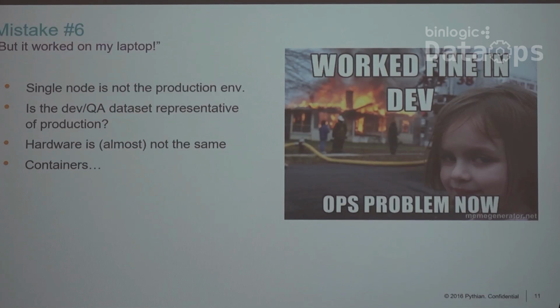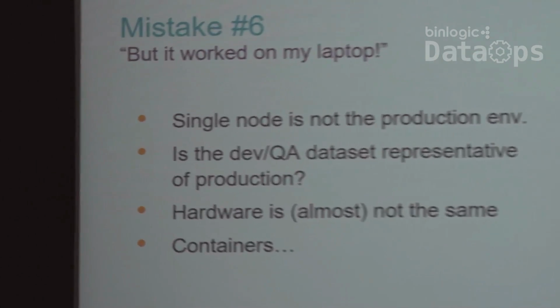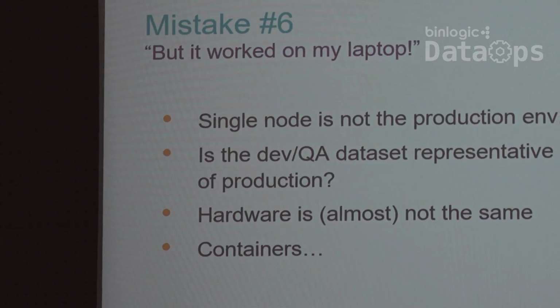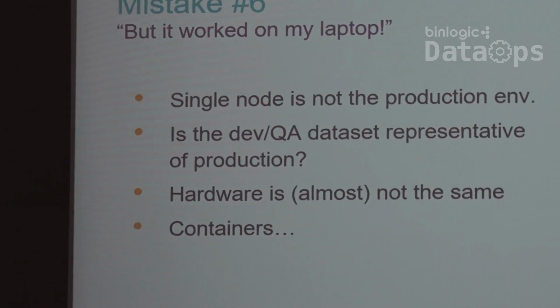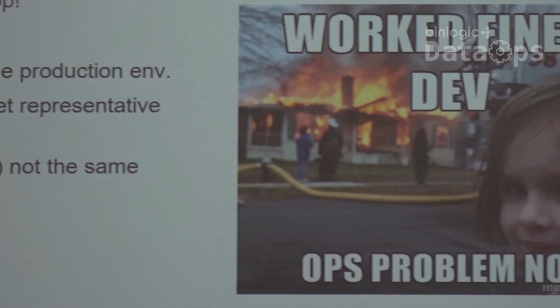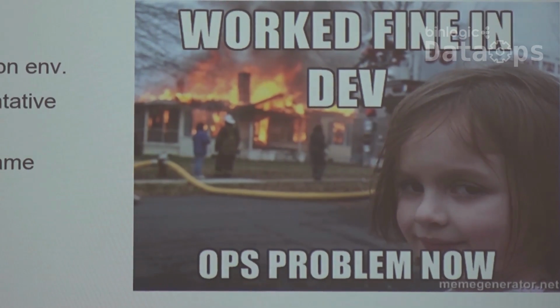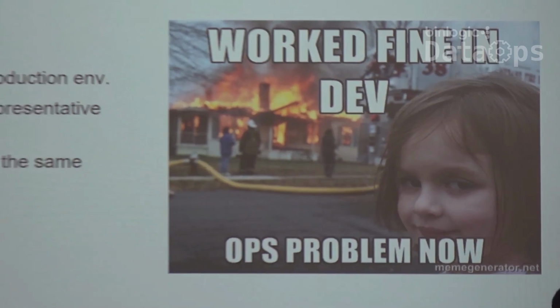And one of the things is you develop in a single-node environment, which is not distributed. Secondary indexes work just fine in single nodes. Materialized views work just fine in single nodes. Those things suffer at scale, so they are never problematic in single nodes. Clocks are never a problem in single nodes.